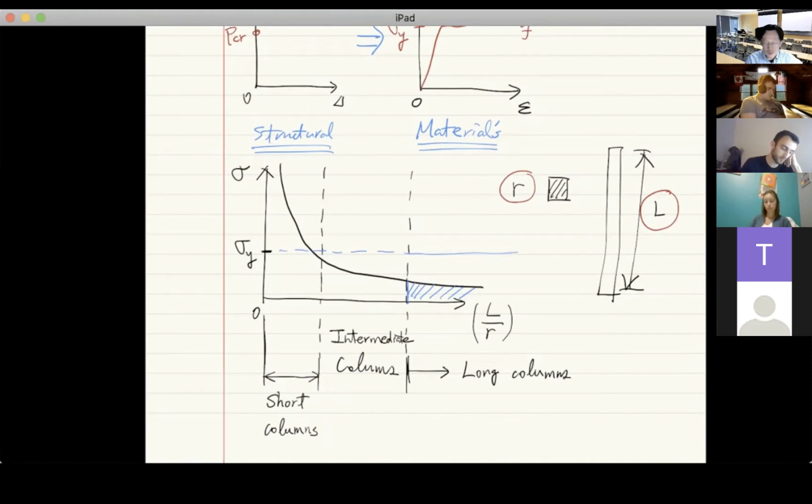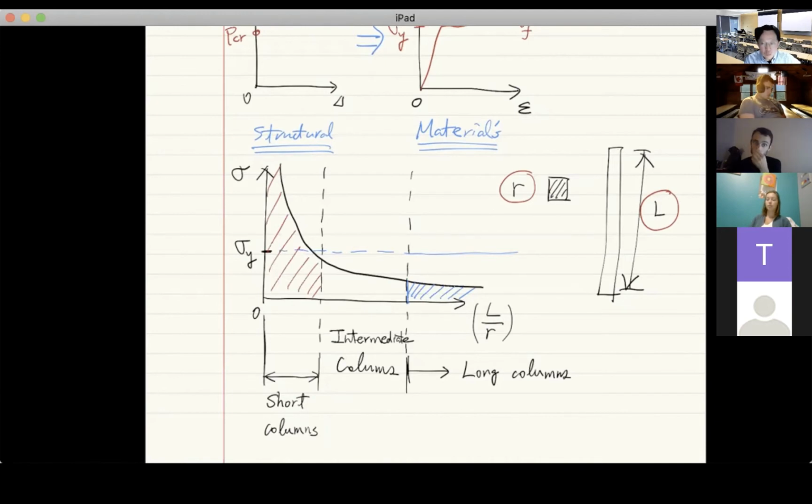Yet the column fails. For short columns, it is the other way around. For short columns, there's no buckling. Everything is going to yield. The failure is dominated by yielding. Now, for intermediate columns, that's in between. You're going to have partial yielding and partial buckling.